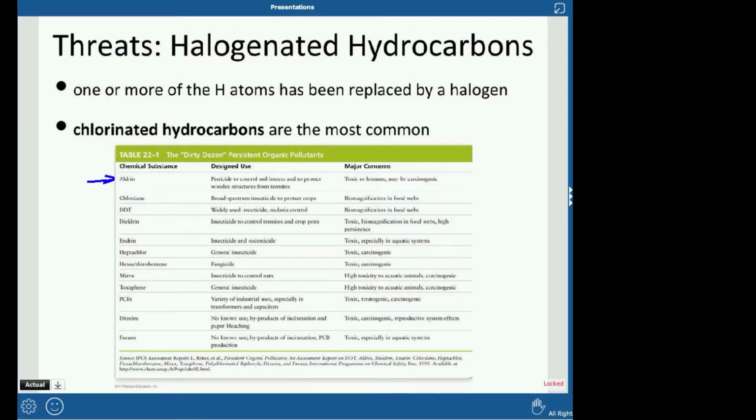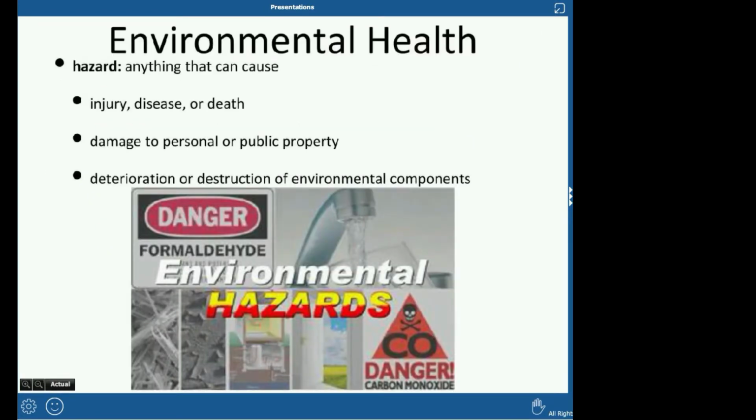You'll see aldrin, chlordane, DDT, and dieldrin, which she talks about a lot. She might talk about heptachlor and hexachlorobenzene too. Remember, those biomagnify, and they were causing the bird eggs to become very, very soft, so the babies weren't hatching.